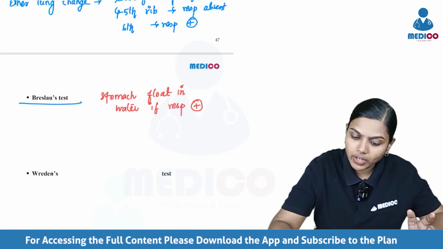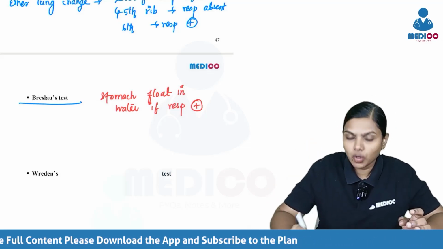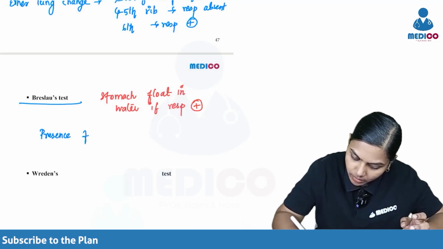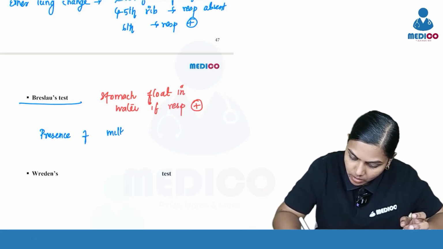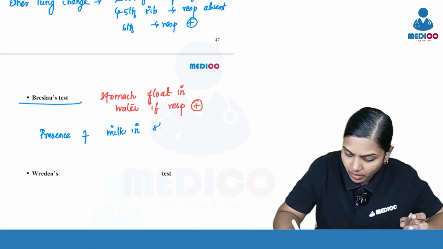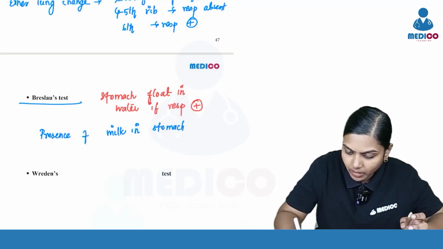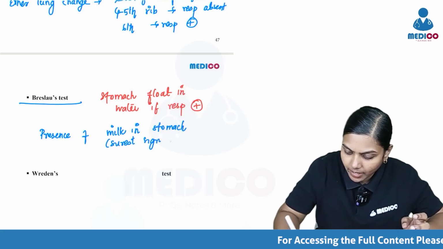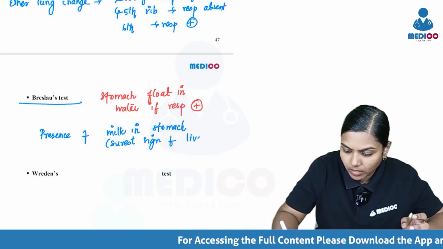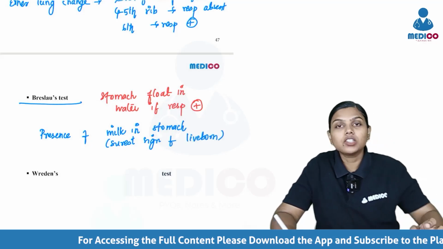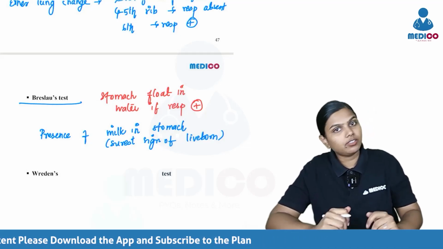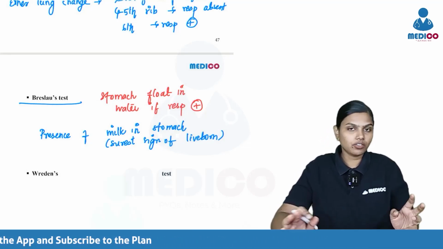And one more important thing in the stomach is that the presence of milk in the stomach is the surest sign of live born. If there is milk inside the stomach, you can definitely say that it is a case of live born.